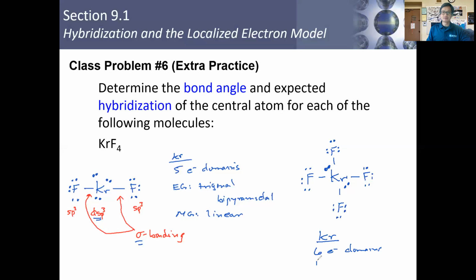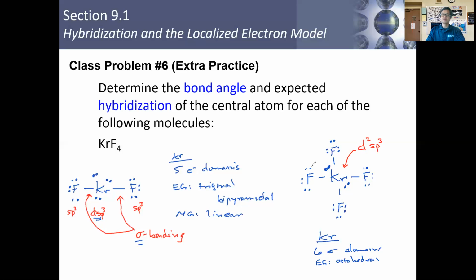The electron geometry in this case is going to be octahedral electron geometry. And an octahedral electron geometry leads us to a hybridization for the krypton of d2sp3.